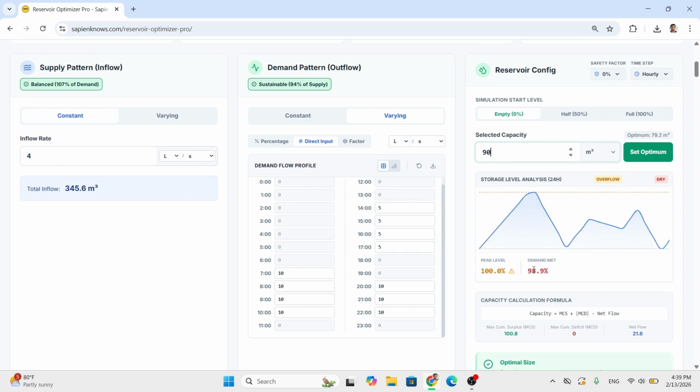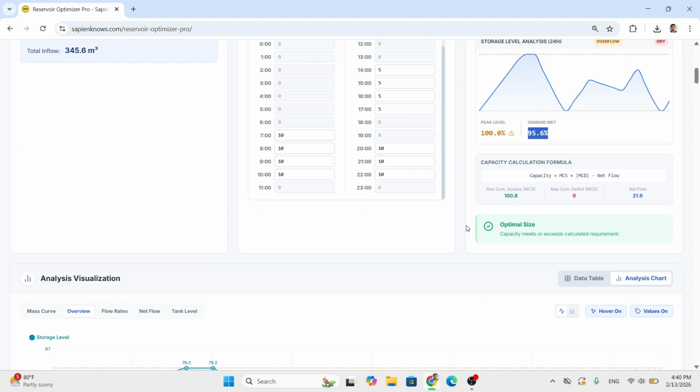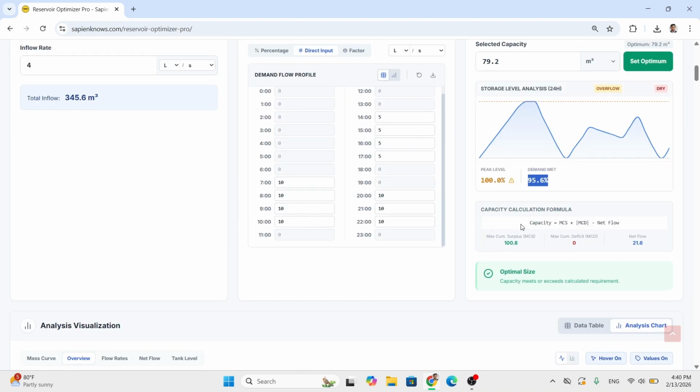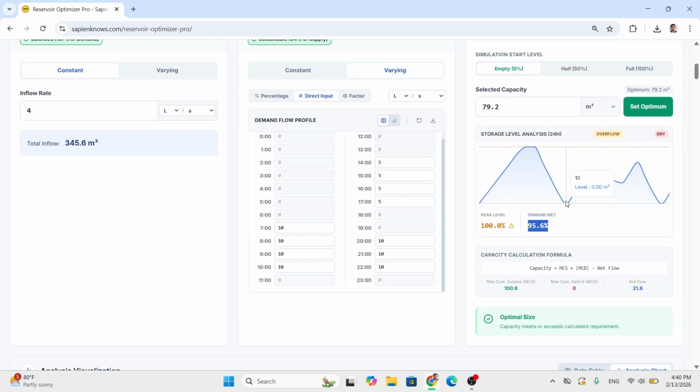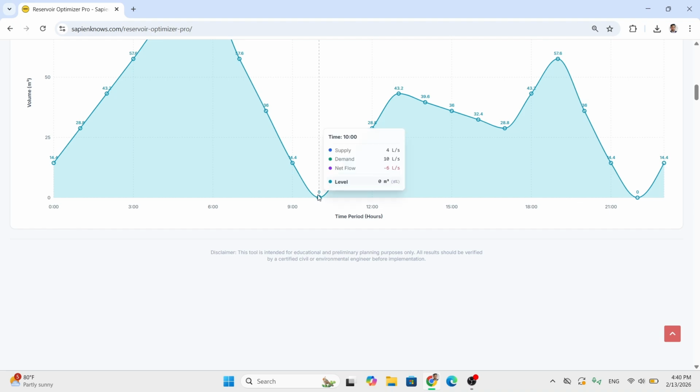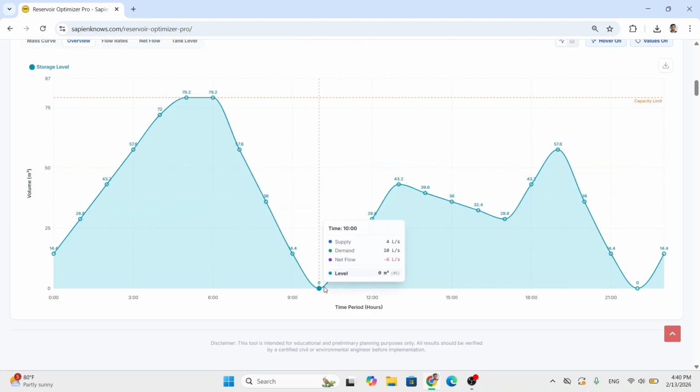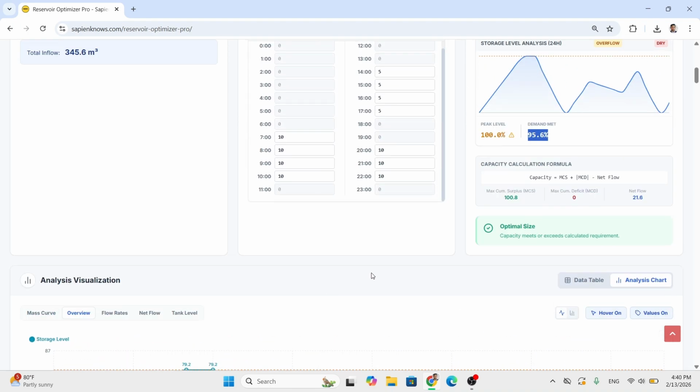So the demand is not met at 95%, the demand is met, because here, the level of the tank eventually becomes 0.